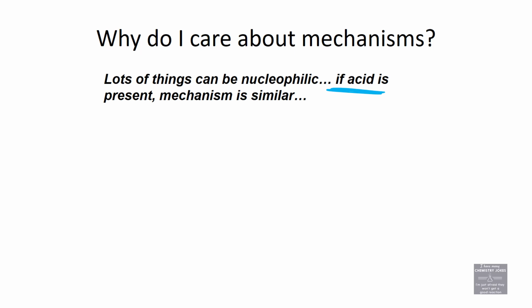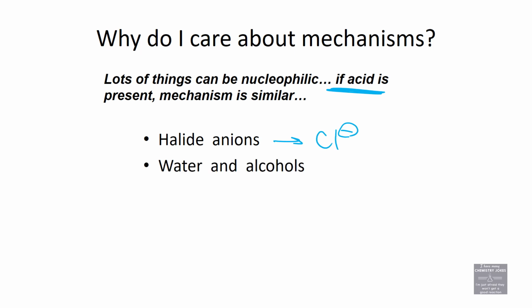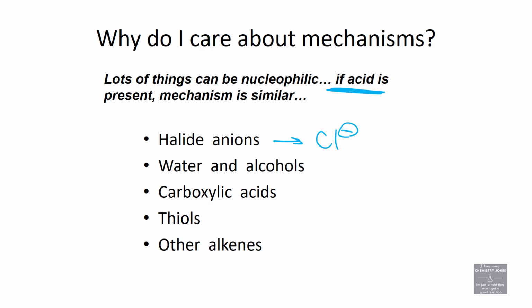And in all 4 examples we've seen so far, the nucleophile was a chloride. But it could be another halogen. The nucleophile could also be water, or an alcohol, or a carboxylic acid, or a thiol, or a different alkene, or other things.